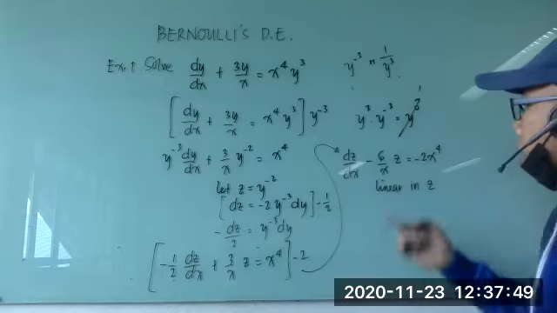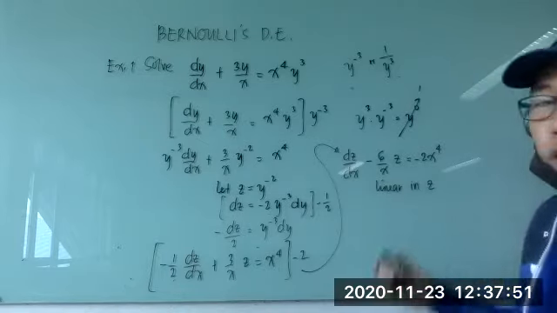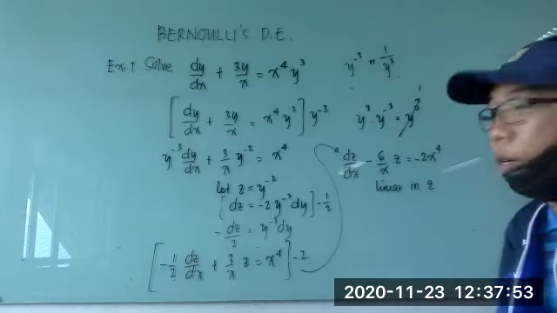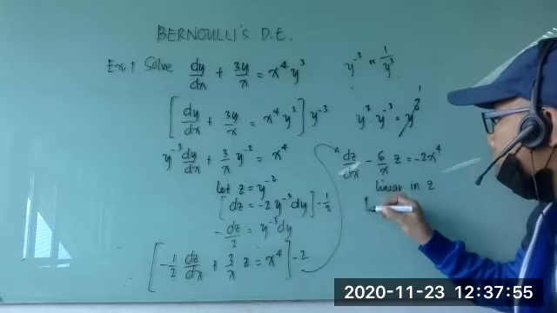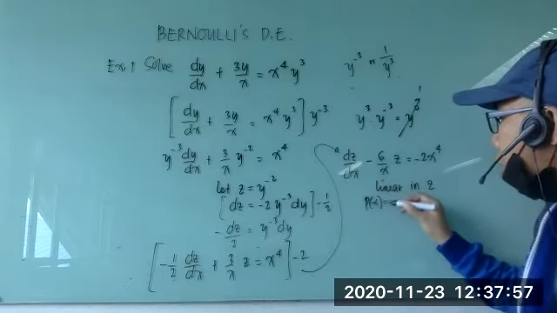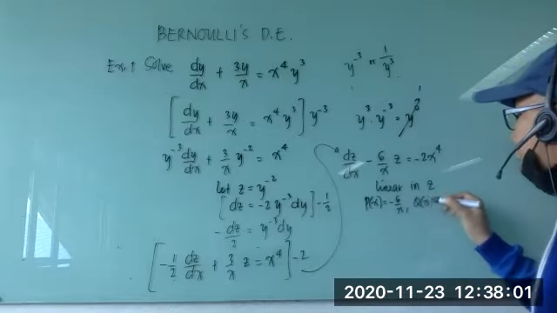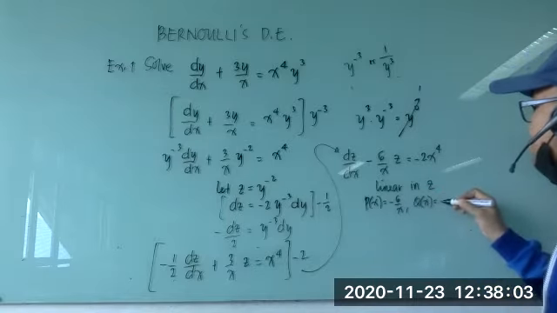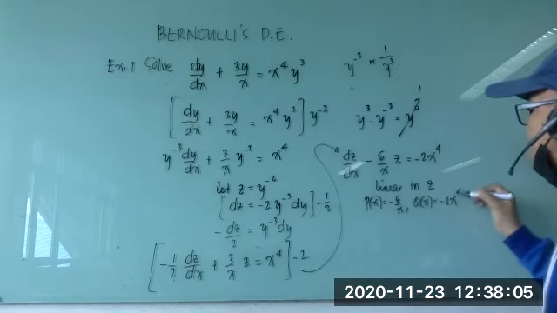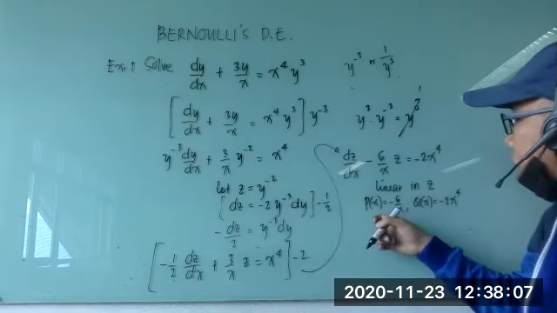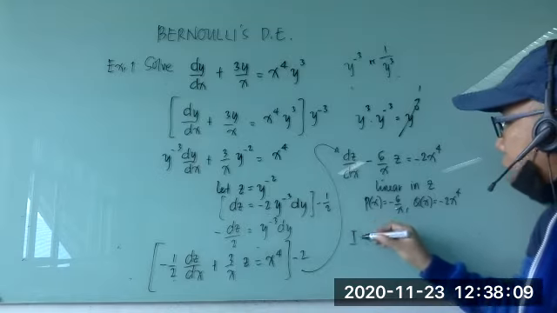Now the next step is to determine the integrating factor. So as you can see, your p as a function of x here is equal to negative 6 over x, and your q as a function of x here is equal to minus 2x raised to 4. So we utilize this p as a function of x to determine the integrating factor.